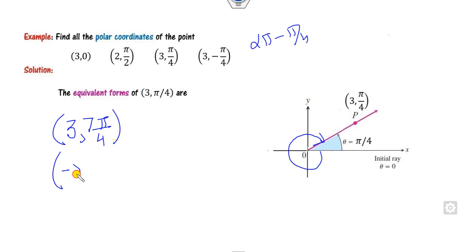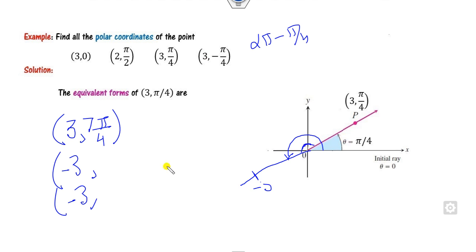Second is when you take r as negative and theta as negative. When you take r as negative, what will happen? This is negative, this is minus 3. So how can you find that? This is the angle of positive, so it's pi by 4.